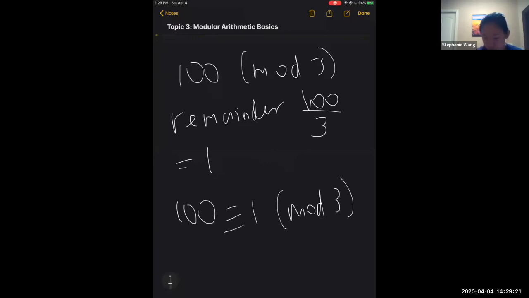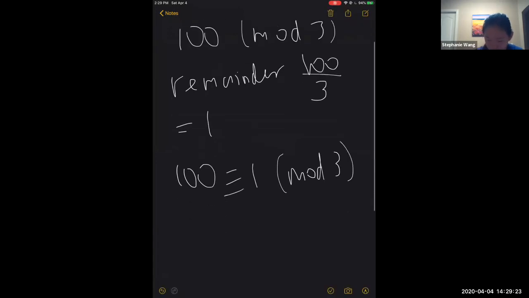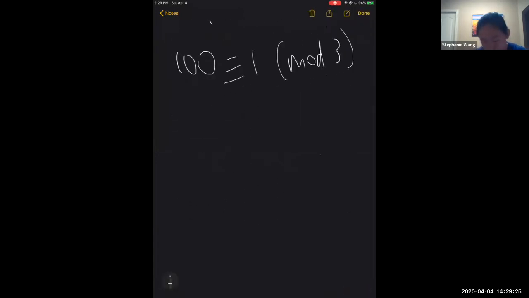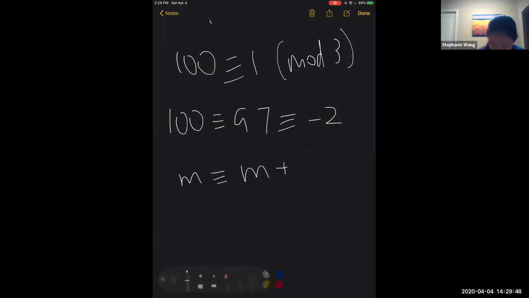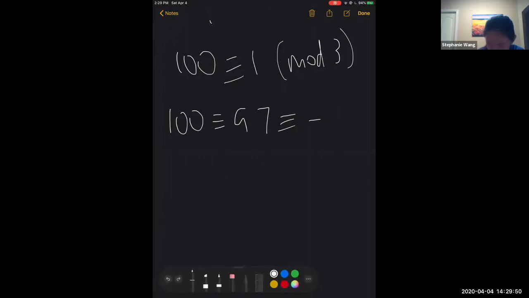Besides being congruent to 1, 100 can also be congruent to a variety of different numbers mod 3. So 100 can also be congruent to 97, because both of them have a remainder of 1. They can even both be congruent to -2, because -2 has a remainder of 1 when divided by 3. So let's say you have a number n mod m.